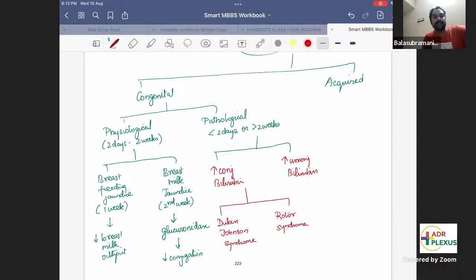What's the basic difference between them? Dubin-Johnson syndrome has a black liver. There is a black discoloration of the liver. Rotor syndrome does not have the black discoloration.